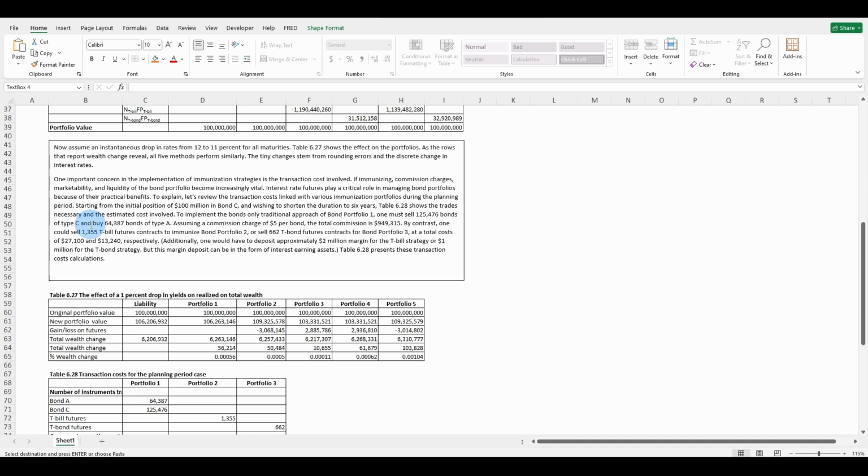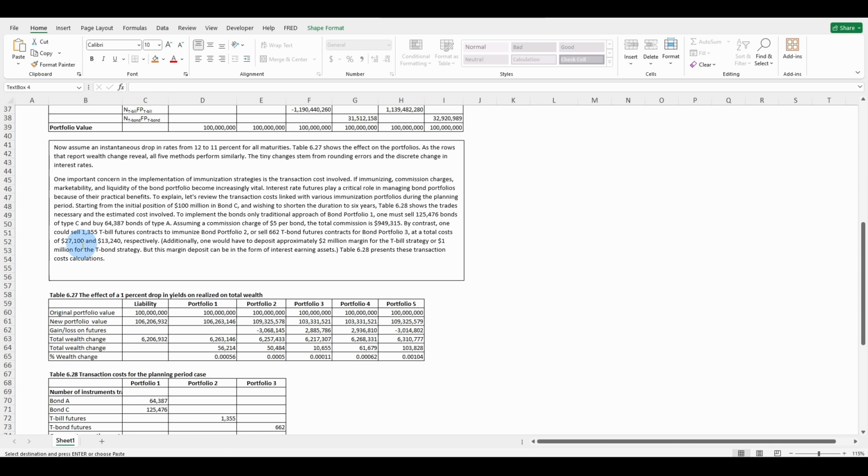Assuming a commission charge of $5 per bond, total commission is $949,315. By contrast, one could sell 1,355 T-bill future contracts to immunize bond portfolio 2 or sell 662 T-bond future contracts for bond portfolio 3 at a total cost of $27,113 and $13,4 respectively.